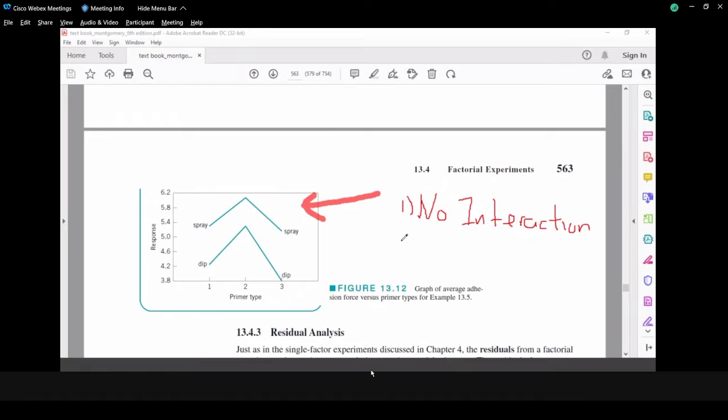Number two, if you want to maximize the response, the force, you must select this point.